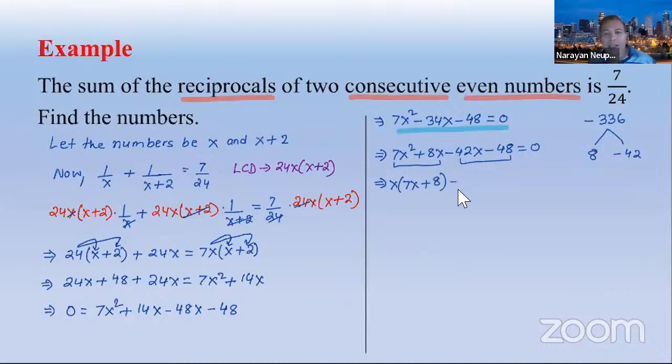If there is a plus, you factor out plus; if there is minus, you factor out minus. With 42x and 48, the highest common factor is 6. 6 times 7 is 42, and negative times positive is negative. So 6 times 8 is 48.